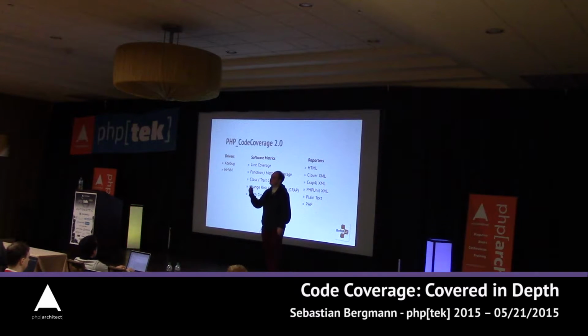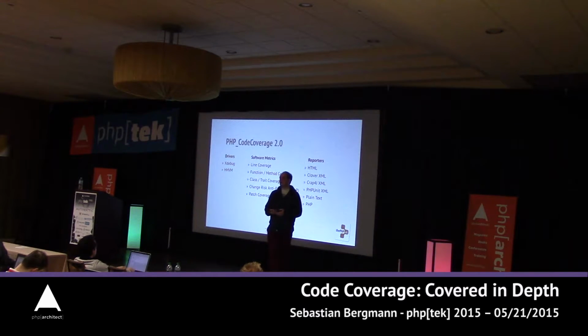And then there are different front ends, if you will, that can take this data and render it in various formats. What's most commonly used is the HTML report and one or more of the XML log files that are, for instance, consumed by a continuous integration server such as Jenkins or Bamboo that visualize code coverage data over time as it changes from build to build.